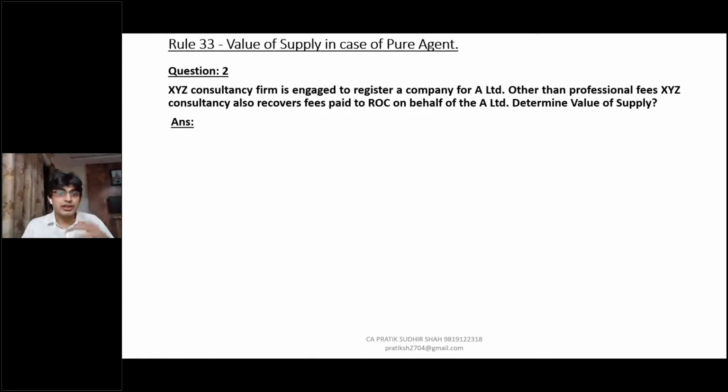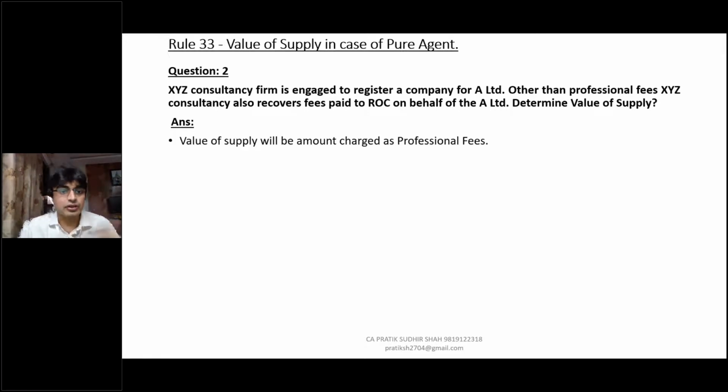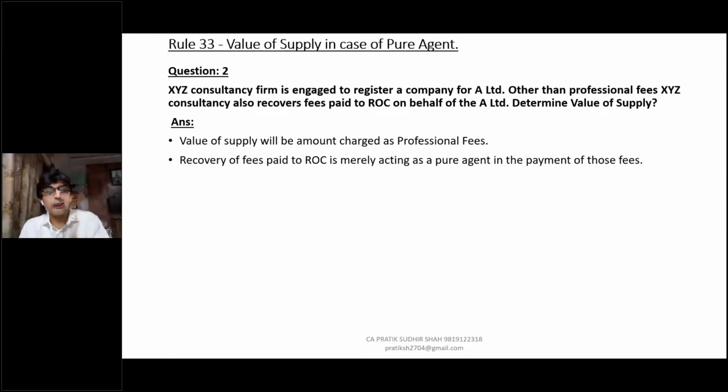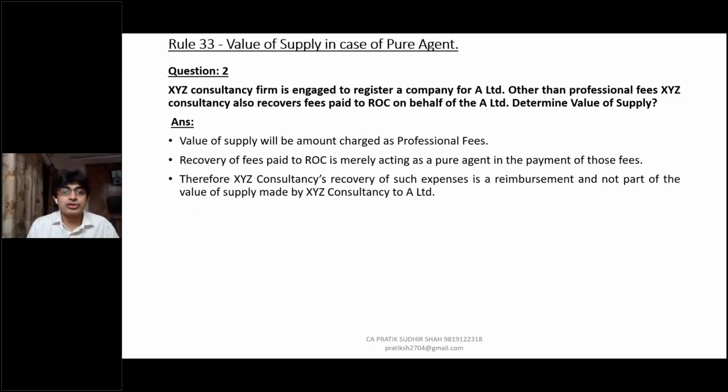I recovered the fees which I paid to ROC, plus I also recovered my consultancy fees. So the value of supply will be the amount charged as professional fees. Whatever fees were recovered for ROC, I am acting only as a pure agent. So that is nothing but a reimbursement. That shall not form part of the value of supply. Clear? This is a common point which all the CAs are doing.